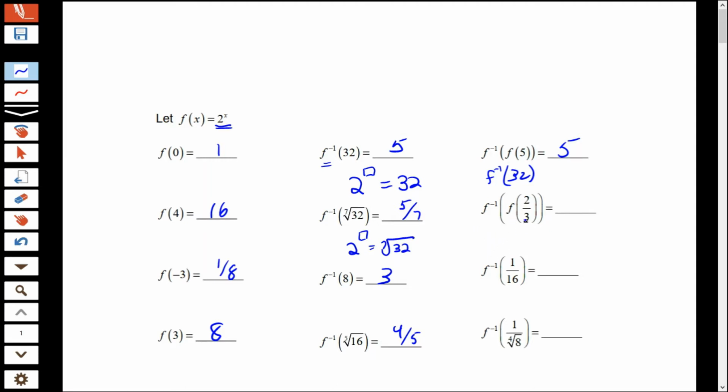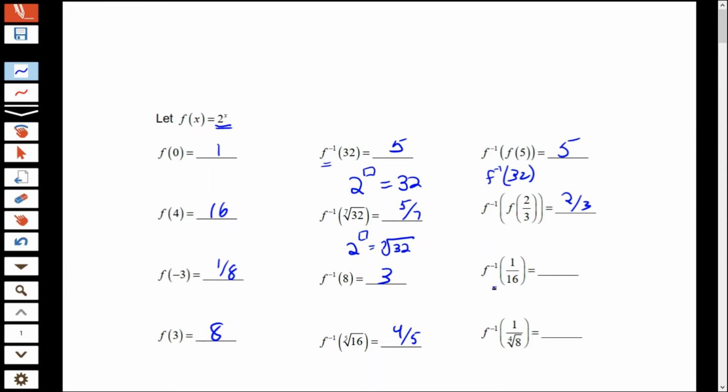F of 2/3, that's 2 to the 2/3 power, so that's the 3rd root of 2 squared, the 3rd root of 4. Now, the inverse asks us 2 to the what power equals that 3rd root of 4? Well, you just get back to 2/3. And if you remember, these functions, as long as you're in the domain and you're nicely defined, these inverses are going to kind of cancel each other out, so that what you plug in is what you get out. They undo each other, just like inverses do, right?